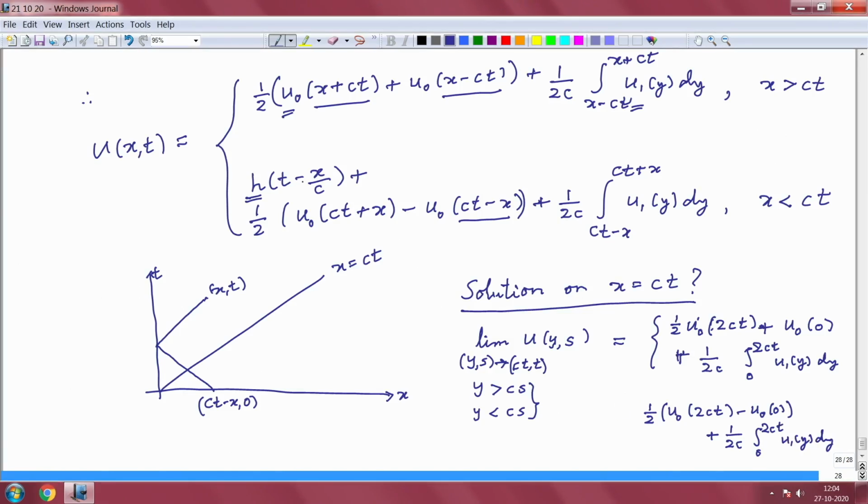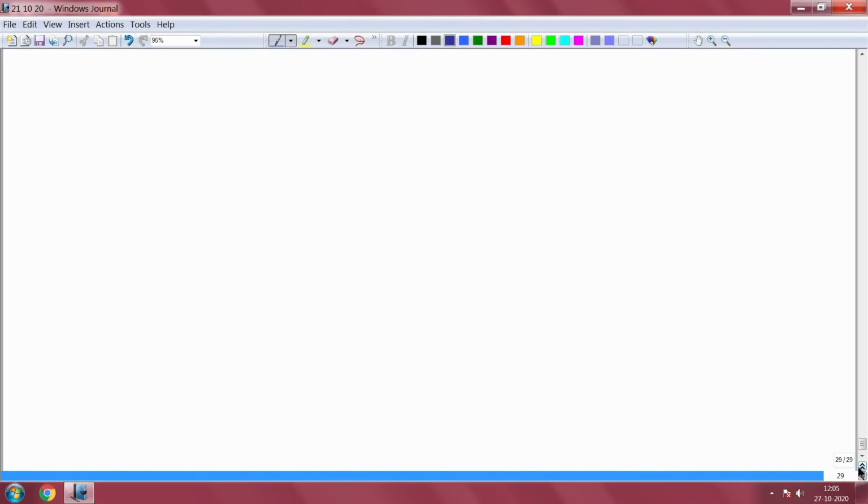So, that is coming, h_0. So, I calculate this limit of the solution when the point approaches this line from above and from below. So, I get two expressions. So, in order that u is continuous, these should be equal, and that gives us one condition.